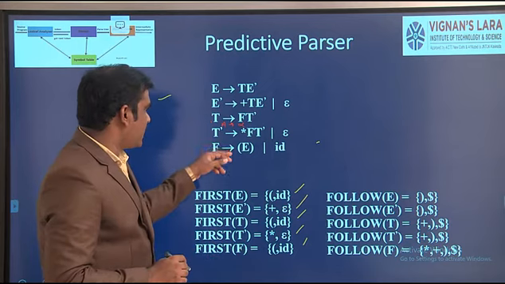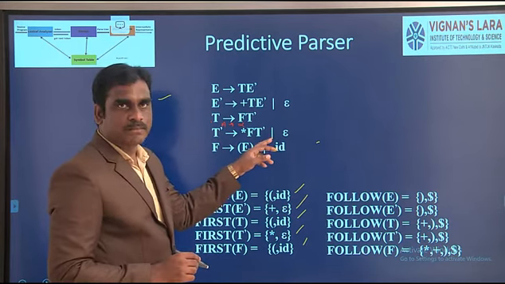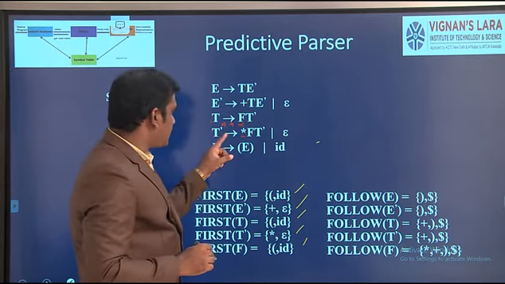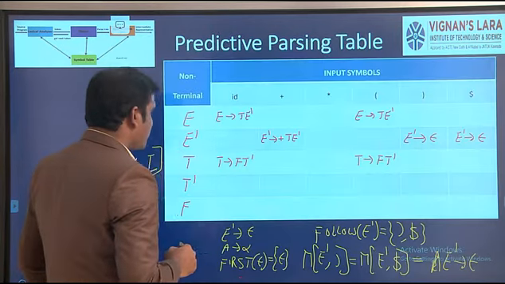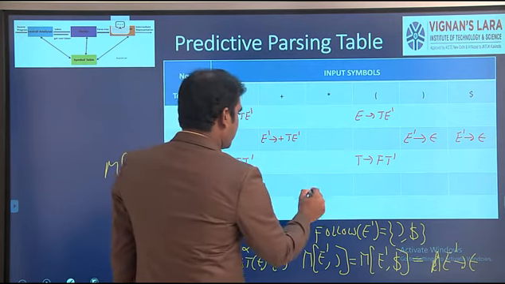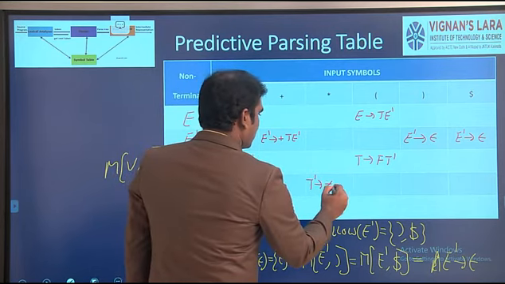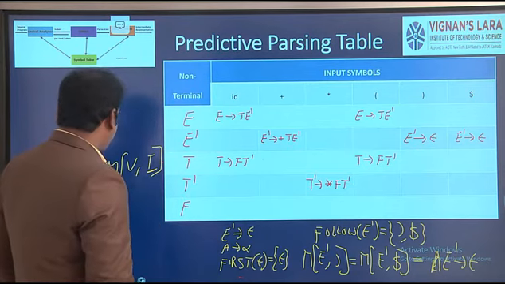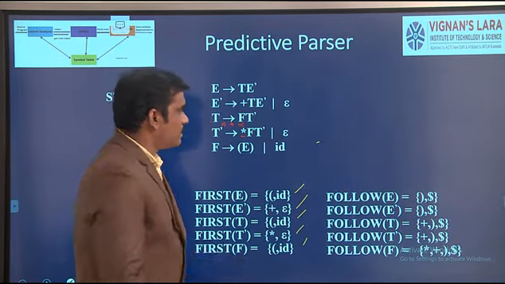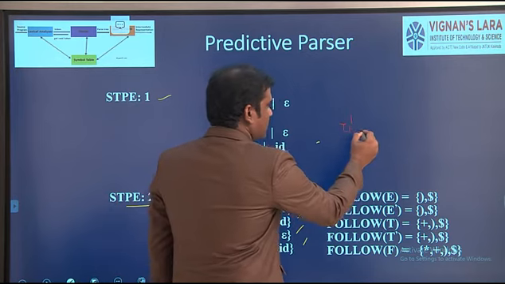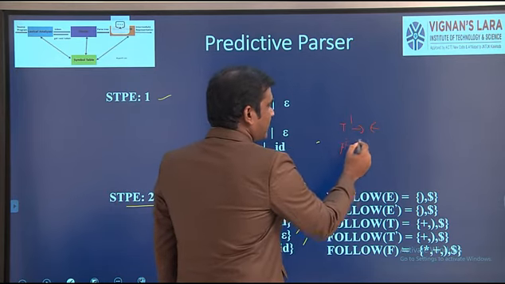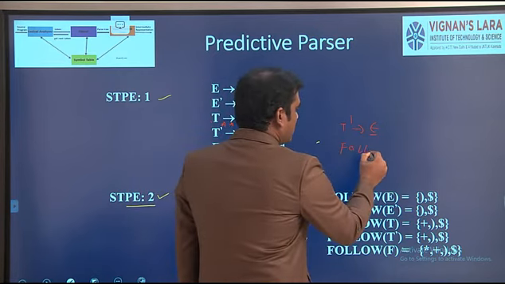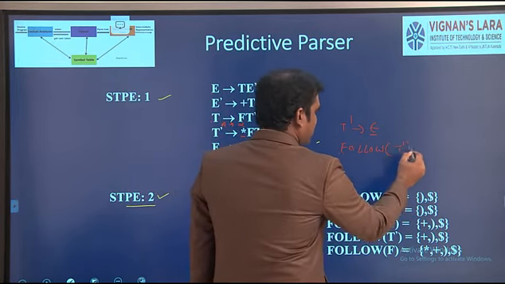And the next one, T dash to star FT dash. First of alpha is star. So the entry is T dash comma star, filled with T dash to star FT dash. Next one, T dash to epsilon. Here the first of alpha result is epsilon, then find the follow of T dash.